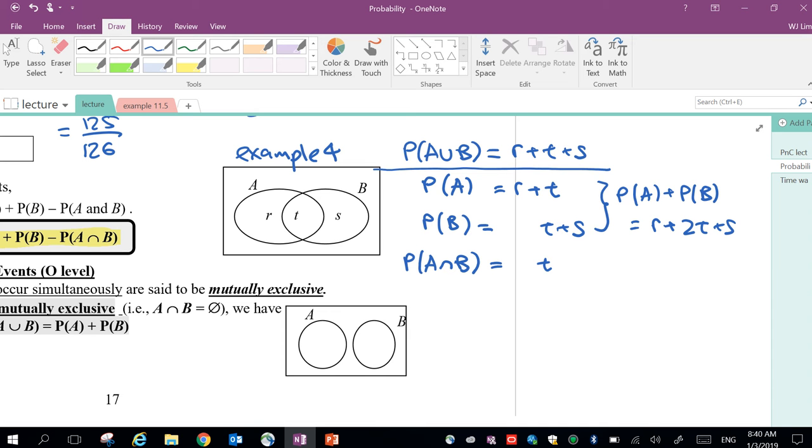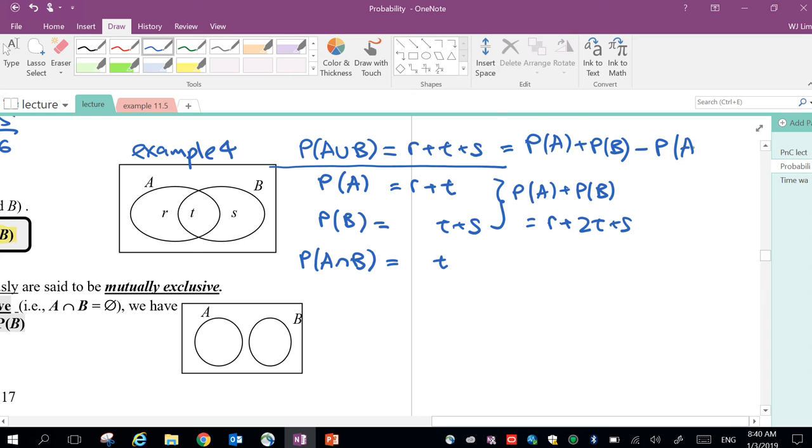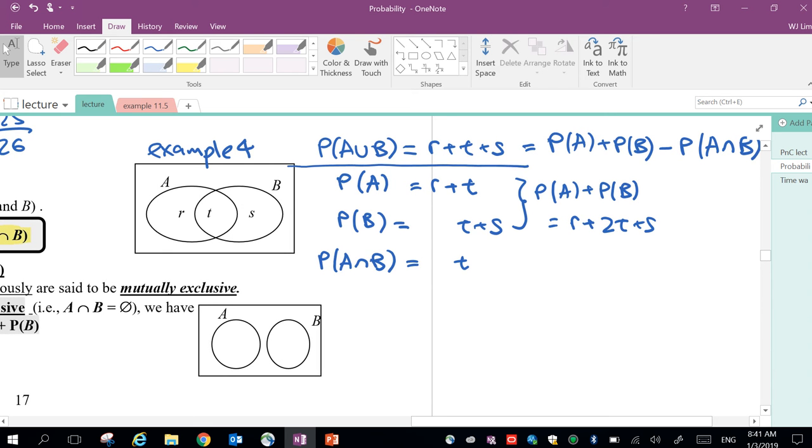You need to subtract the part that is in the middle, which is the T. So therefore, this is probability A plus probability B minus A intersect B. I repeat, PA is R plus T, PB is T plus S, A intersect B is just T. Adding PA plus PB, we get R plus 2T plus S. You double count the T, so you subtract one more copy of it. Is that clear?